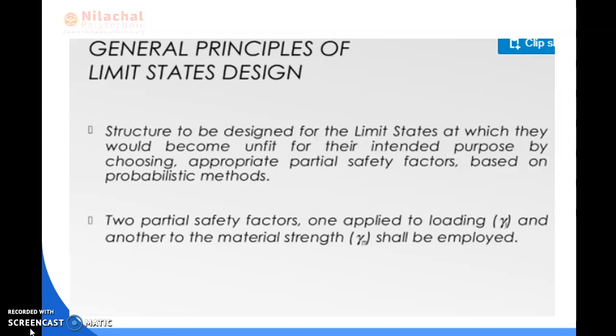In the working stress method, we consider the elastic properties and strength of the material, and bending theory. In the limit state method, we consider partial safety factors. Two partial safety factors shall be employed: one applied to loading, which is gamma f, and another to material strength, which is gamma m. One partial safety factor is for the material, and another is for the loading condition.